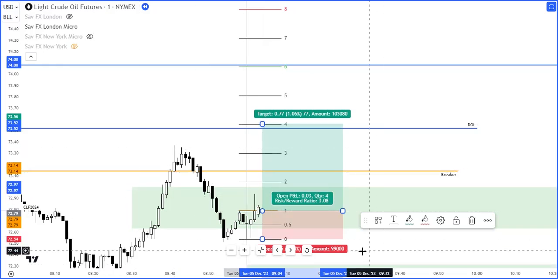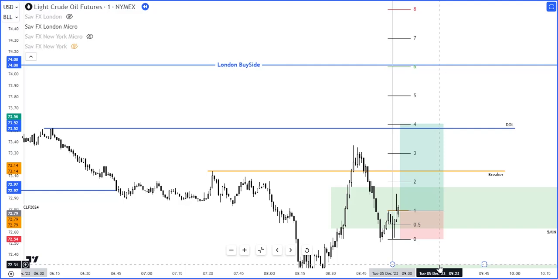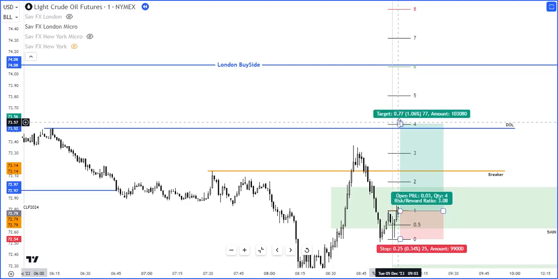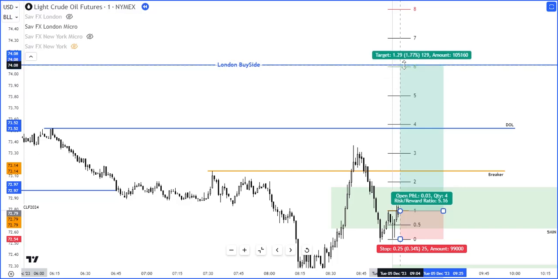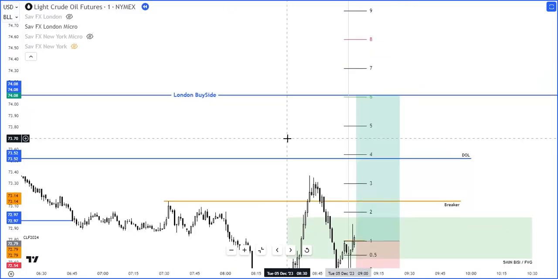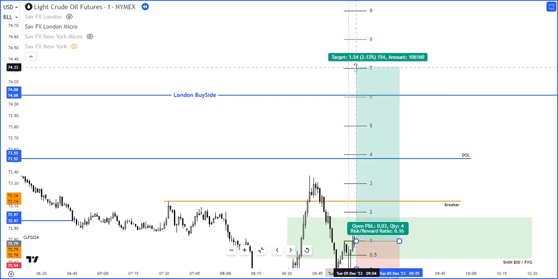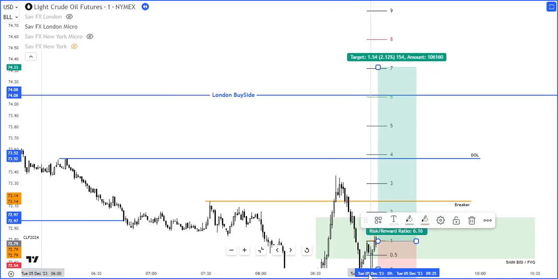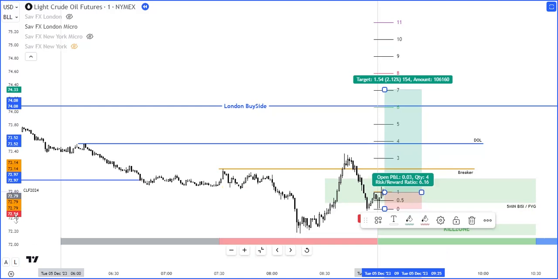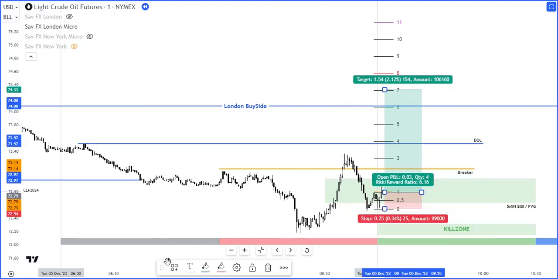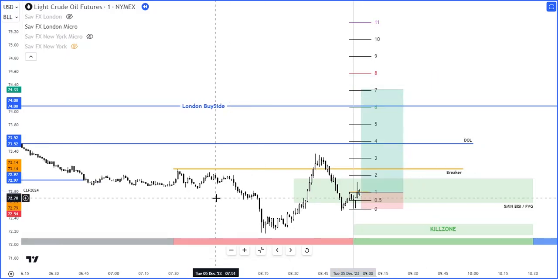So if you want to target a higher area, the most logical one would be our London range buy side, and the next standard deviation above it. But these ones are usually the hardest to sustain, especially for new students or new traders, because price fluctuations can be really heavy on your psychology.